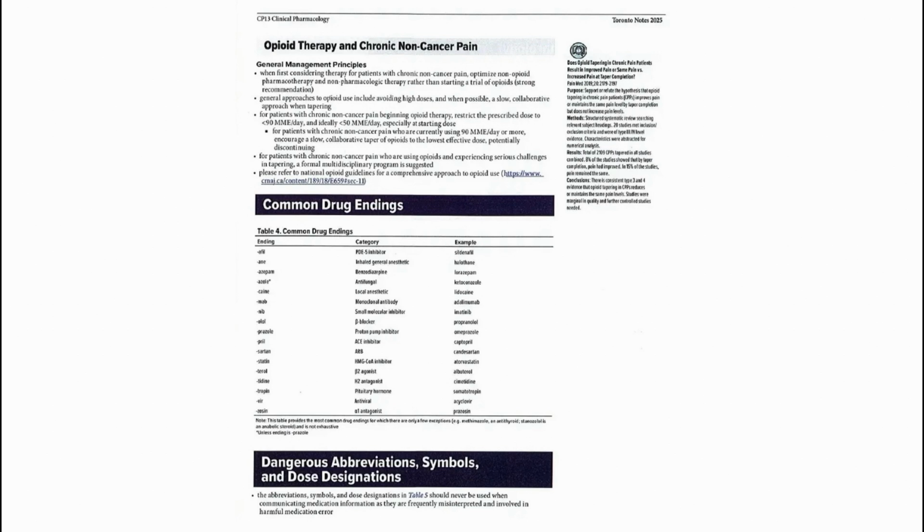Learn the common drug effects in Table 4, as they provide valuable clues about a medication's pharmacologic class and mechanism of action. Dangerous abbreviations and unclear dose designations contribute to medication errors and should be avoided to improve patient safety.